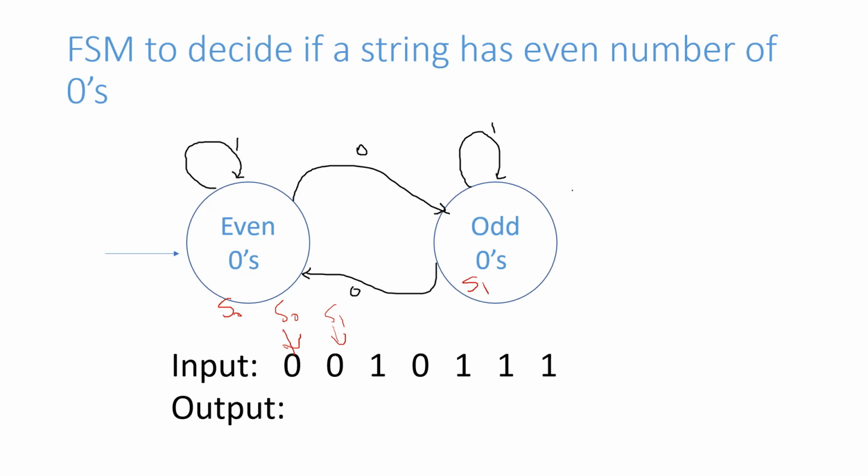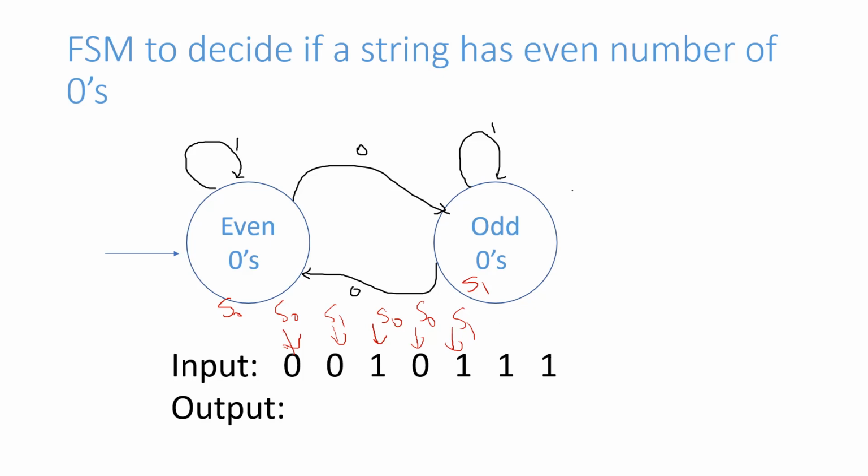Notice that there's no output. If you're in S1 and you see a 0, you're going to go back to S0. If you're in S0, you see a 1, you're going to stay in S0. If you're in S0 and you see a 0, you're going to go to S1.